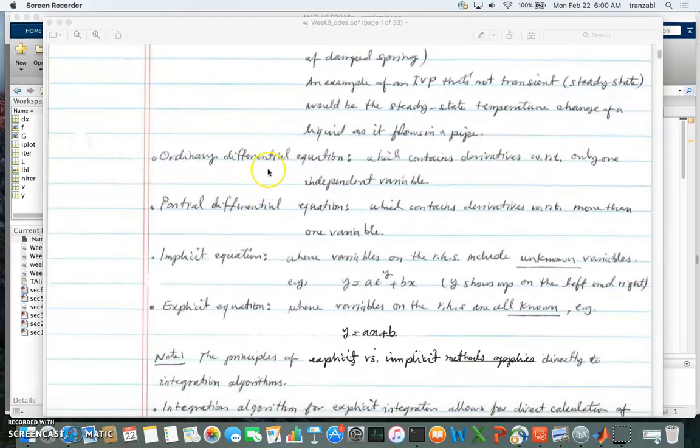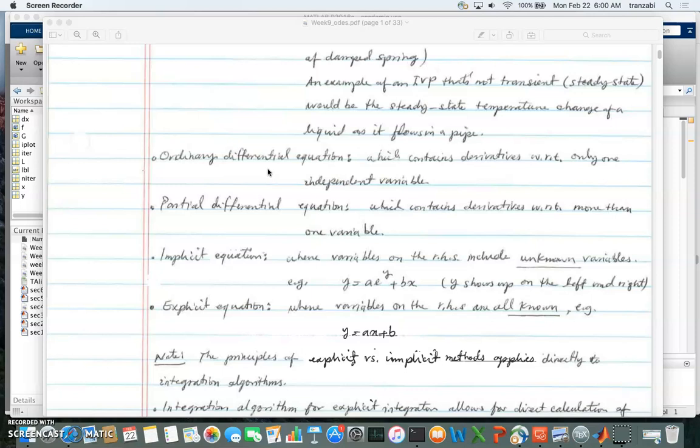Ordinary differential equations are the equations that involve only one independent variable, like x or y or z. So you cannot have two or more independent variables. If you have a differential equation with, let's say, x and y as independent variables, that is called partial differential equations.